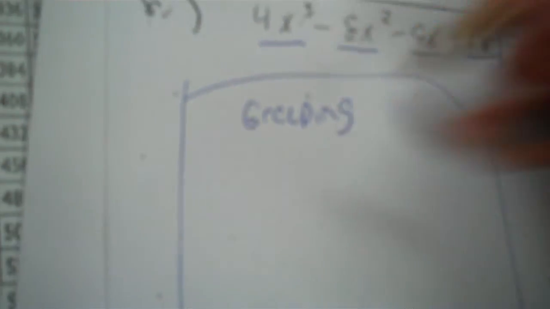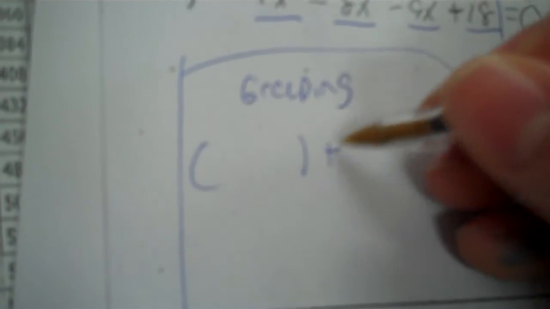You're doing the grouping, just like this, and the DOPS. So you set up, just make a big box for grouping. And then you put parentheses plus the parentheses, and the same thing with the GCF lines outside. Then the little parentheses and the big parentheses, you don't need that line.